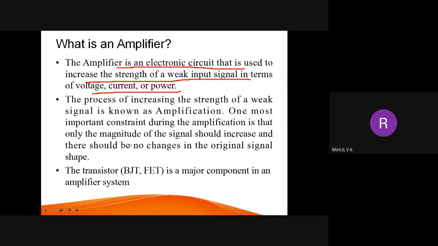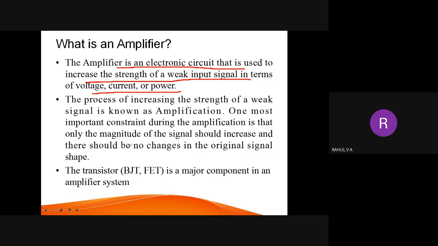When you are doing amplification, you should amplify the signal while keeping the original nature of the input. Once after amplification, the nature of the input should not be lost. One of the most important constraints during amplification is that only the magnitude of the signal should increase and there should be no change in the original signal shape.